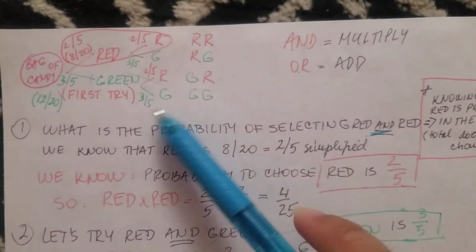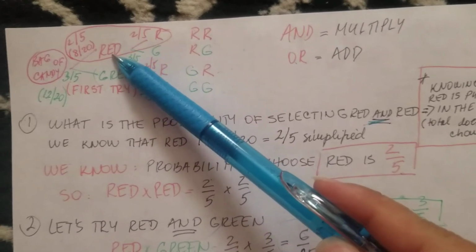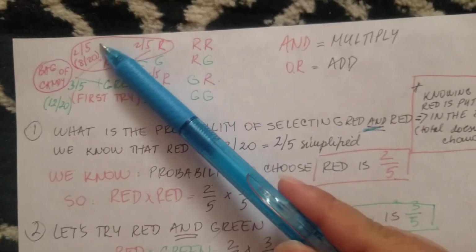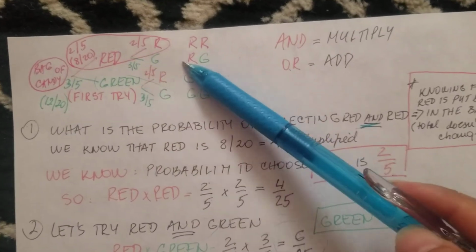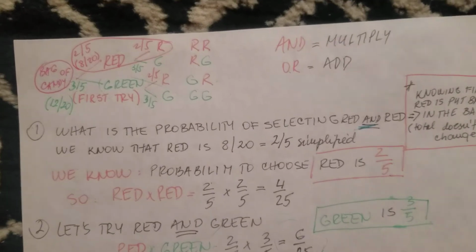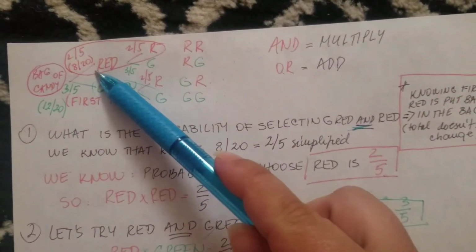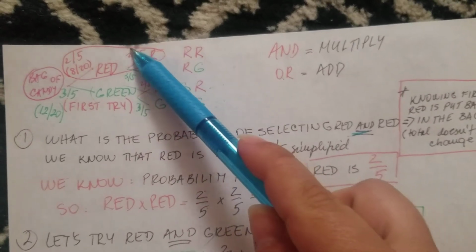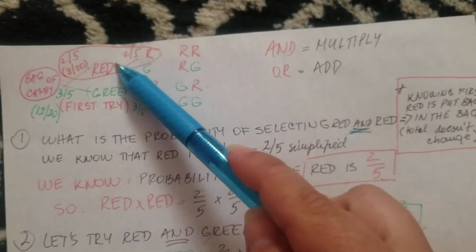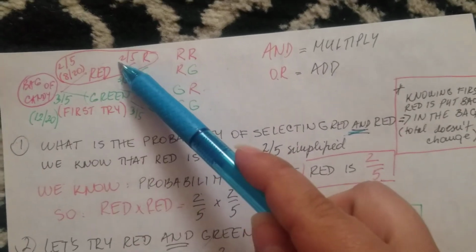So we know that after we pick the red one from the bag, we put it back inside because we have independent events. We put this back inside and we still have a total of 20. So our chance of picking the red candy again will be the same as the first time, which is 2/5.